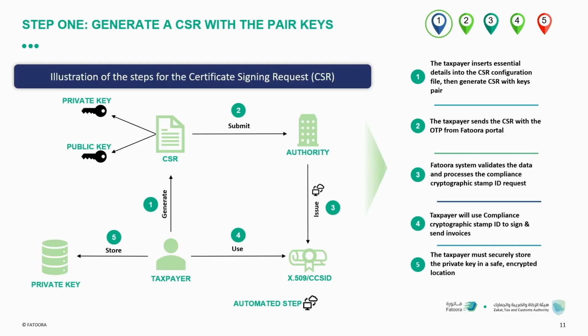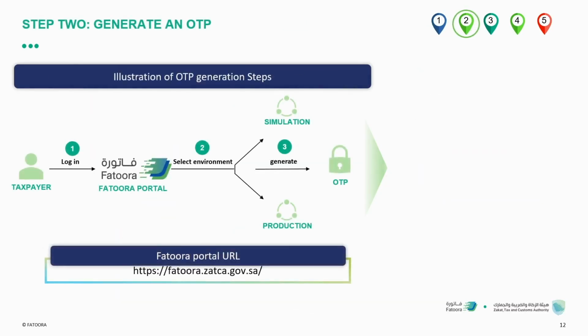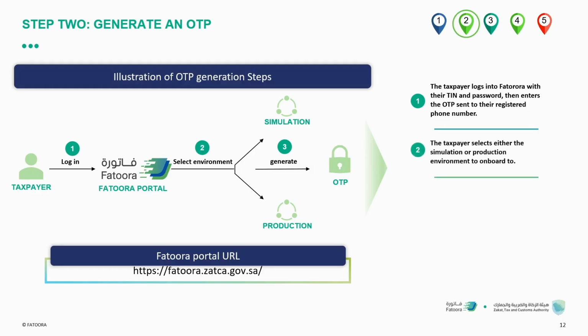Now, after we have generated our CSR, it's time to move to the next step, which is the OTP generation. The next step is generating an OTP. It's a simple process where the taxpayer logs into their Fatoora portal using their unique TIN number and password, and once logged in, they can select the environment where they want to onboard the device, simulation or production.